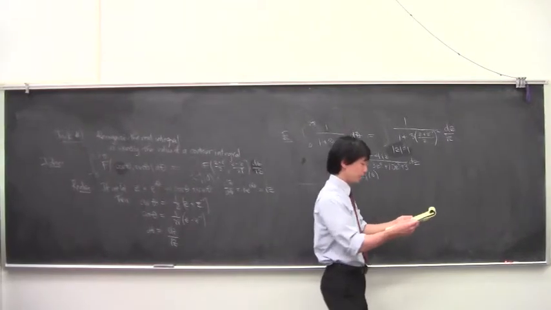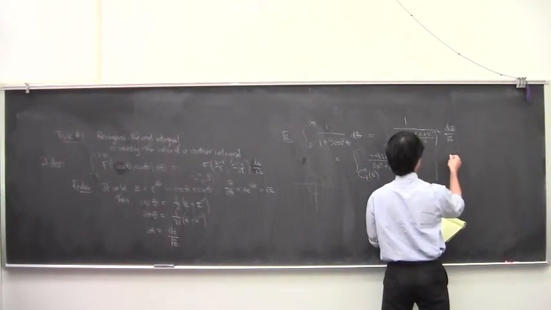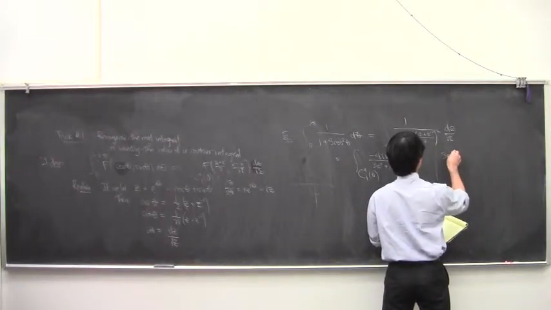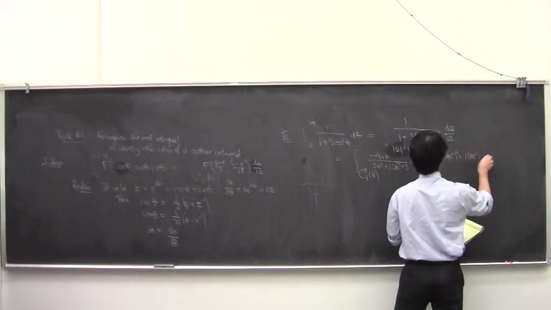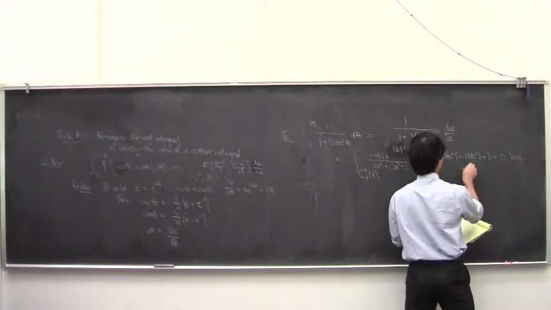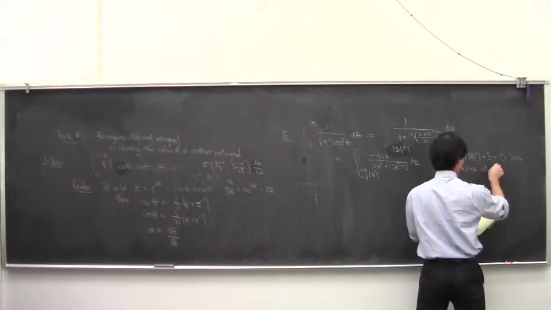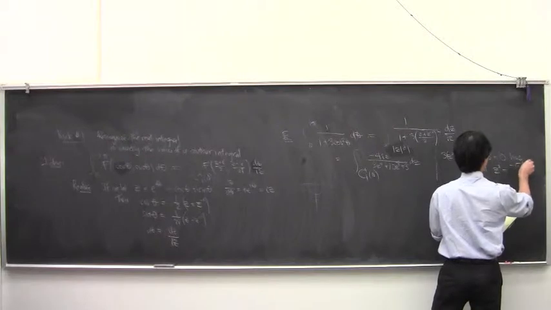So solve the quadratic: 3z to the 4th plus 10z squared plus 3 has solutions at z squared equals (-5 plus or minus 4) over 3.